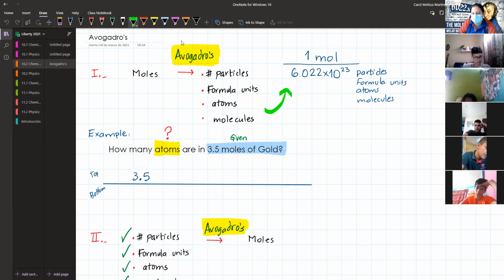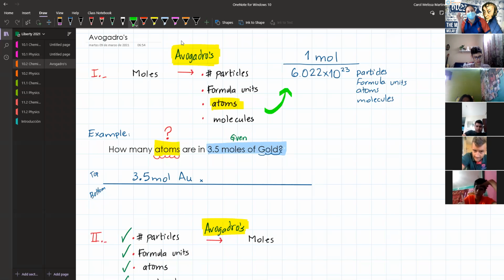Remember that gold is an element and the symbol is Au. Okay? So 3.5 moles of gold, what will I use as a conversion factor? Because the problem is asking me atoms. The key word in that question is atoms. And atoms is related to what I told you, Avogadro's number.